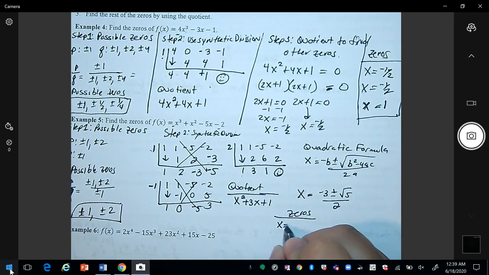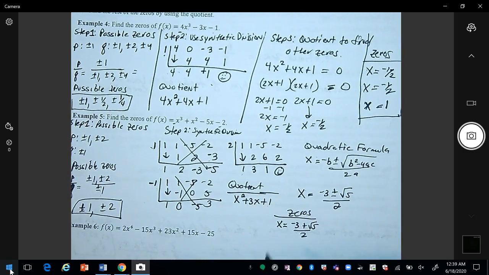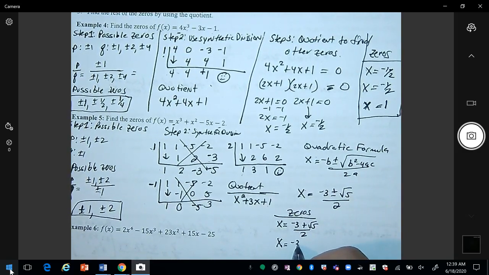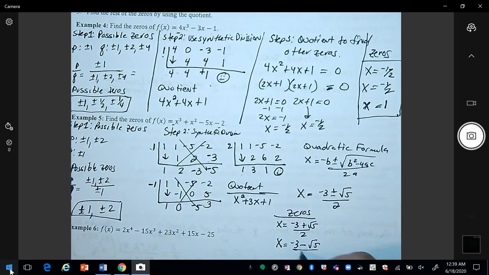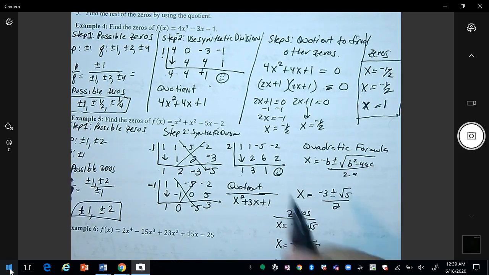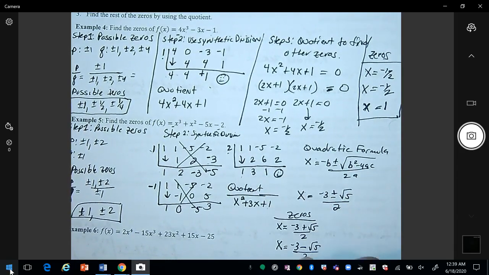are x equals -3 plus square root of 5 divided by 2, x equals -3 minus square root of 5 divided by 2, and your third zero is x equals 2.